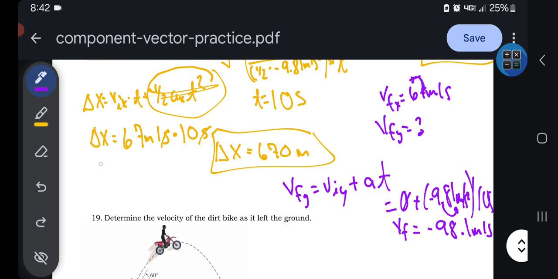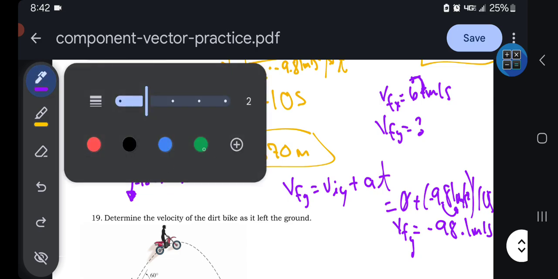Now it's not the final answer because what we actually have to do then is use this vector and the Pythagorean theorem. So v initial and v final in the x is 67 meters per second, and tip to tail, remember from way back when, 98.1, but it's negative meters per second.